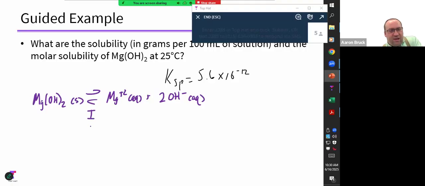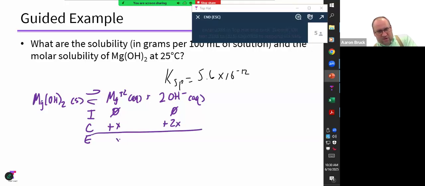If I set up my ICE table, I would have no magnesium, no hydroxide. I would gain some measure of magnesium, twice that much of hydroxide. So I have X and 2X.